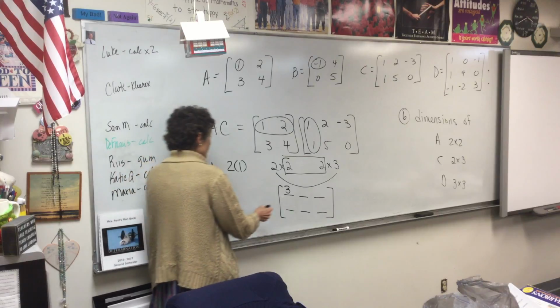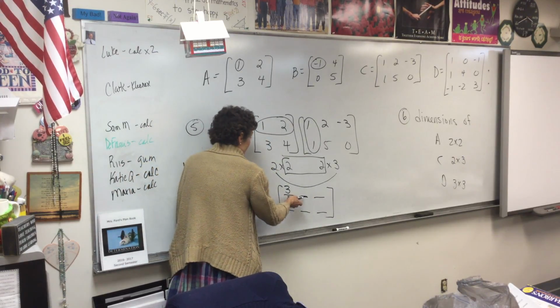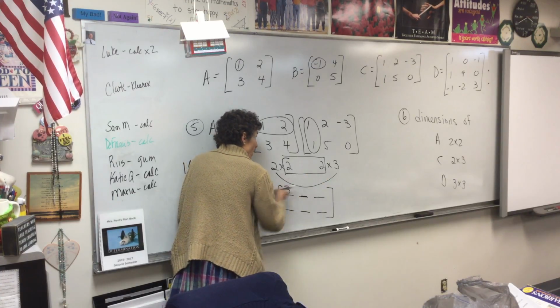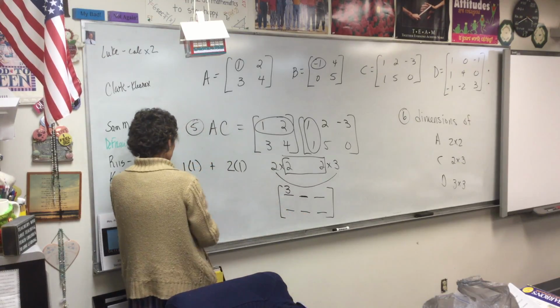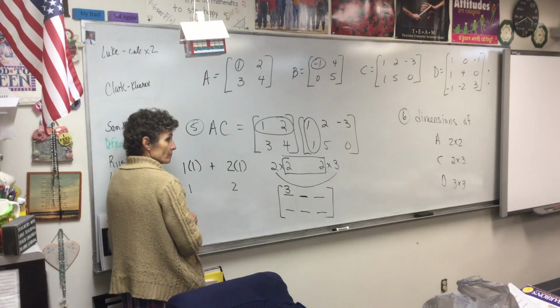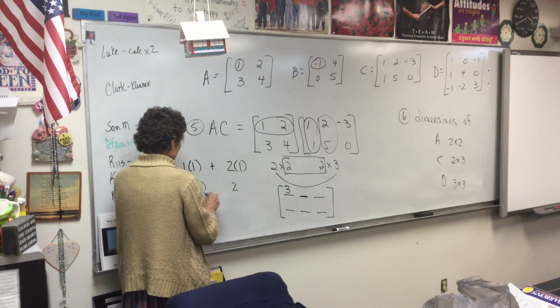Now, if I go to this spot next, and order doesn't matter, so go anywhere you want, but if I just stay organized and say I'm going to this spot next, that's row 1, column 2. So I'm going to multiply my row 1 numbers, I spread them out, times my column 2 numbers.